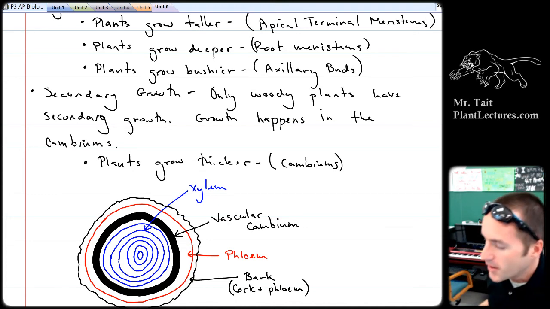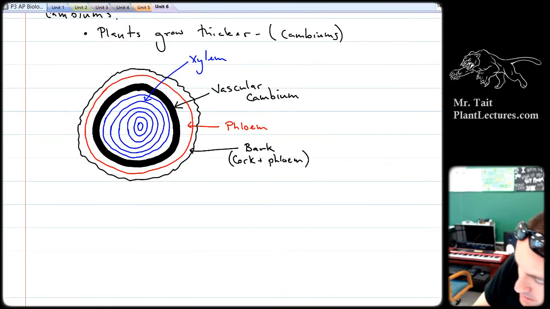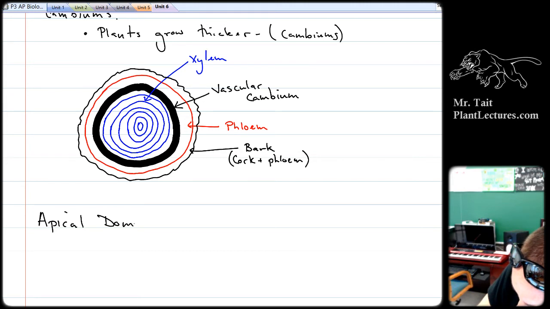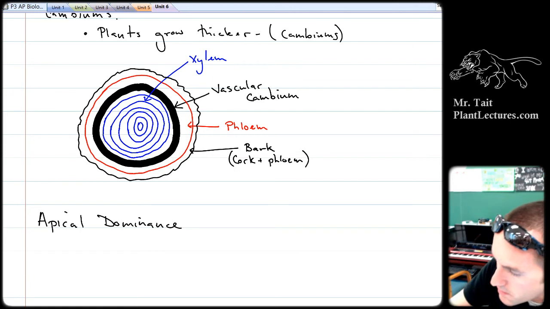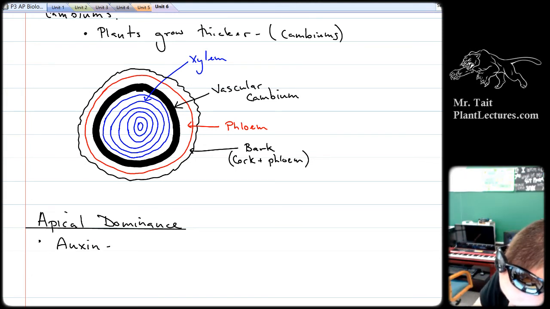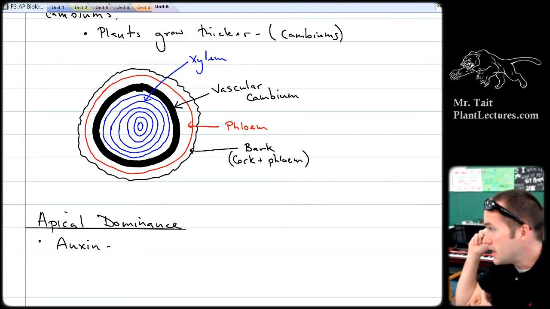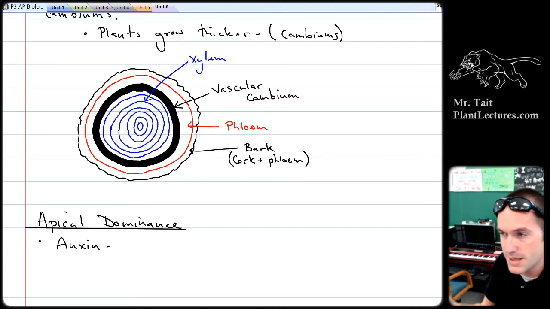All right, so let's talk about primary growth and something that's called apical dominance. Apical dominance is based on the hormone auxin. Auxin is a plant hormone that when it's in high quantities, it inhibits growth, and when it's in low to medium quantities, it stimulates growth.